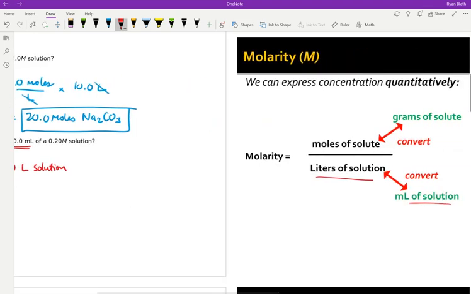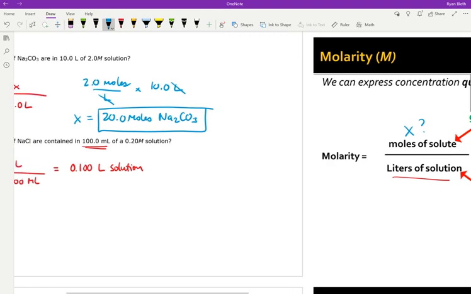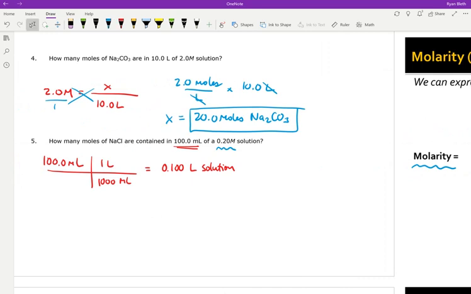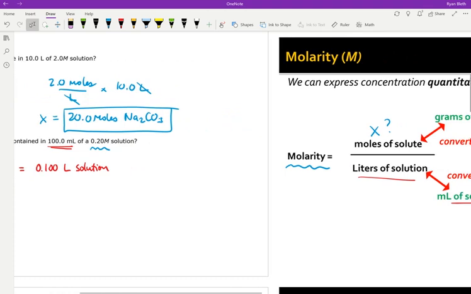How many moles? Again, we're solving for the top value here. This is going to be my x. How many moles? Do I have molarity? You bet. I've got a 0.20 molar solution, 0.20 moles per liter solution in the problem. And now I've got my volume in liters for my bottom of the equation. So I've got molarity, I've got liters, I need moles.